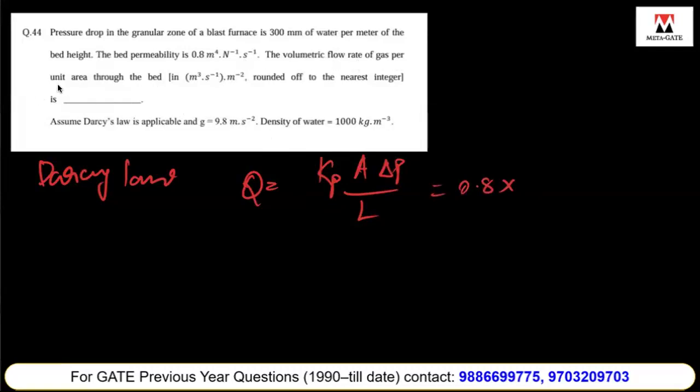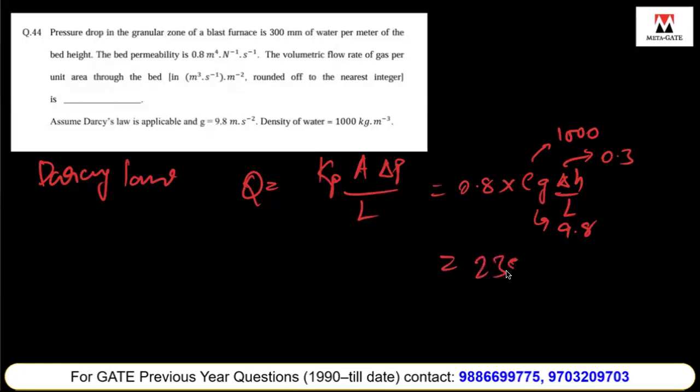Here it is given volumetric flow per unit area, so area is not required, and pressure is rho g into h. So that is delta H by L, L is given per meter of water. You can write it as 300 mm, which is equal to 0.3 meters, and this is 1000, and this is 9.8. So you get 0.8 into 1000 into, you get it as 2352 meter cube per second per meter square.